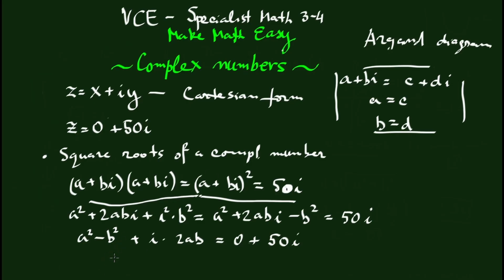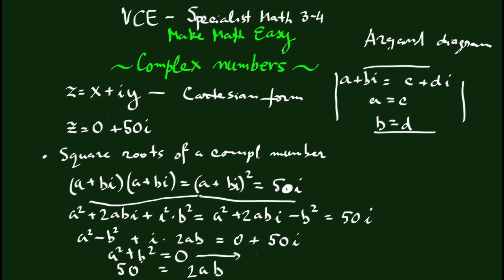So here we have a squared plus b squared equals 0, and the second one says that 50i is equal to 2ab i. We don't need to write i, because on both sides we can remove it, dividing both sides by i. So what you got? You got 2ab.